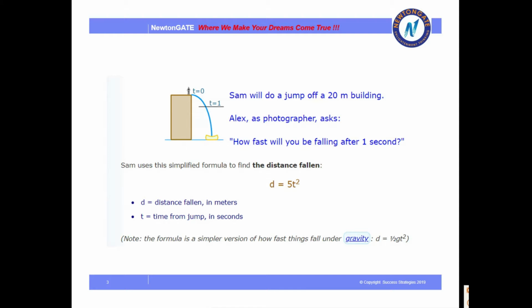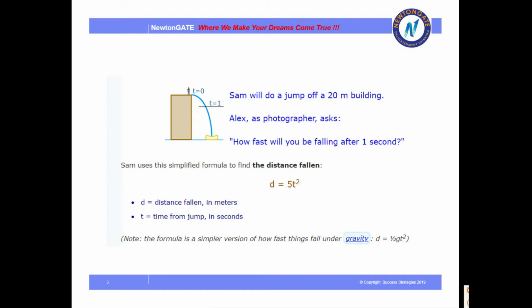So here, to explain further why we actually need differentiation in our day-to-day life, I have taken an example. Sam will jump off from a 20-meter building. Now Alex, as a photographer, asks him, how fast will you be falling after 1 second?